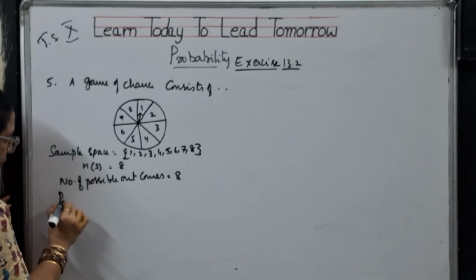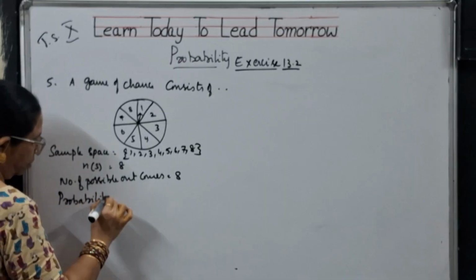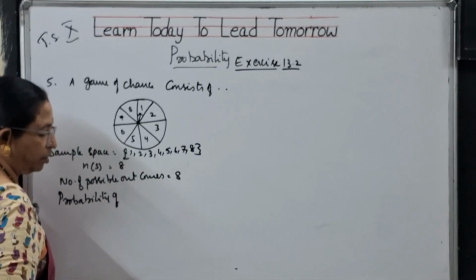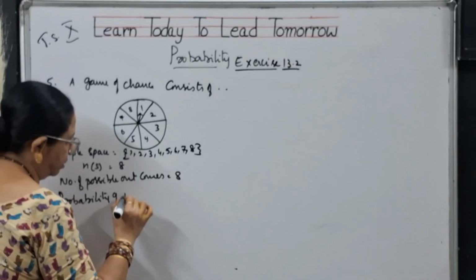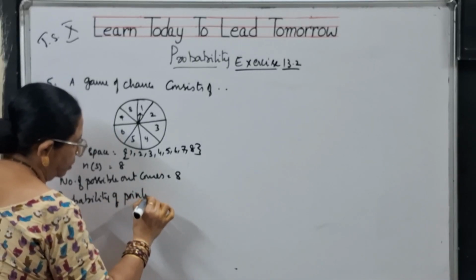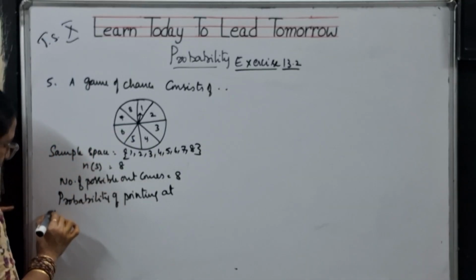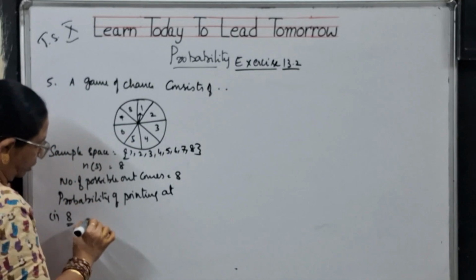Now, what is the probability of pointing at number 8? 8, this is only 1.